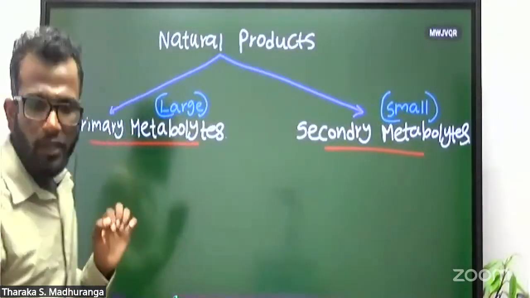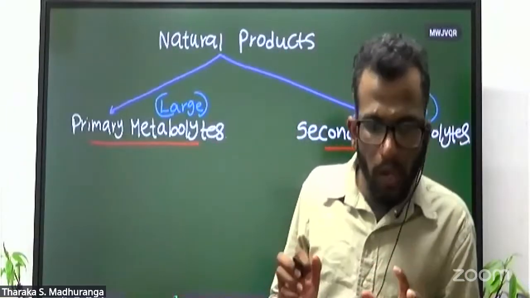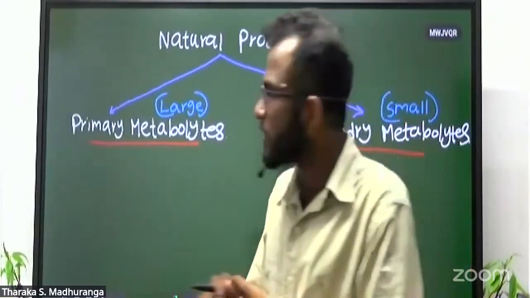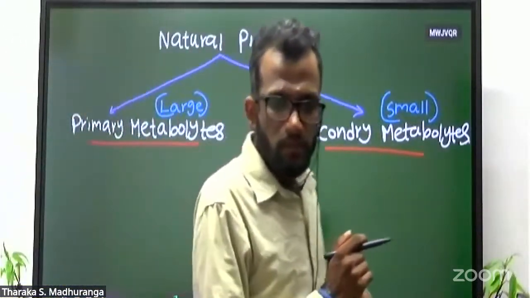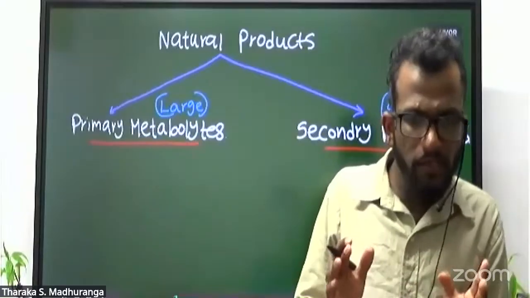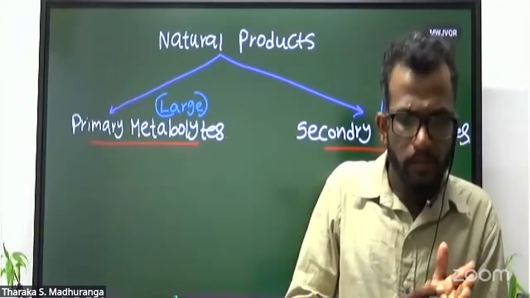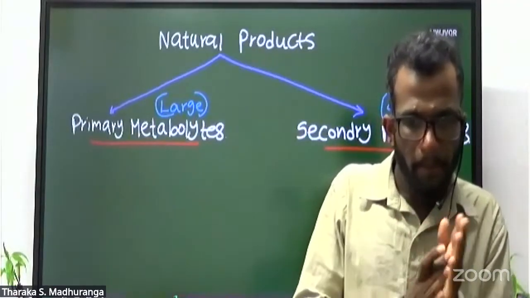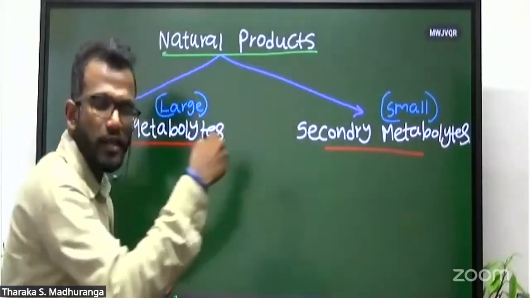Now what is the meaning of the primary metabolites? The primary metabolites mean all are organic compounds. The natural products mean all organic compounds. Why? The natural products mean organic or inorganic? Yeah, all are organic compounds. Why? Why can I say that?